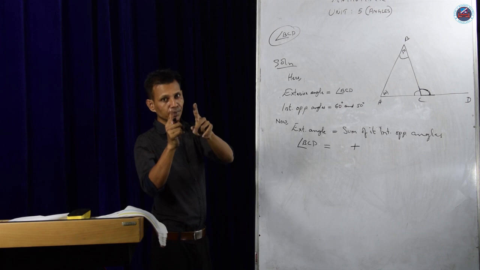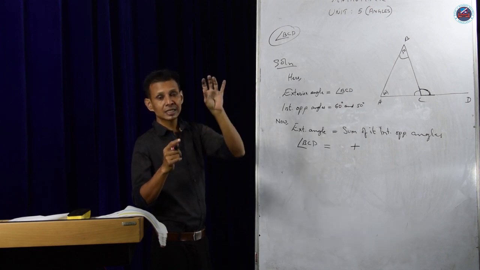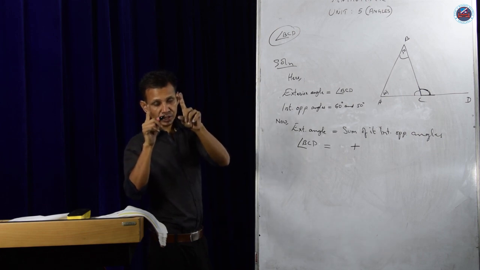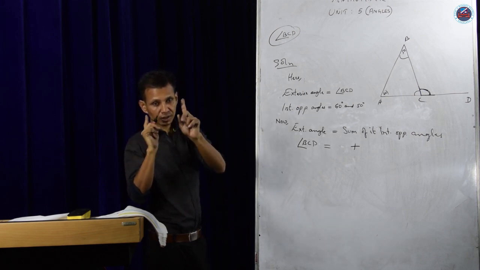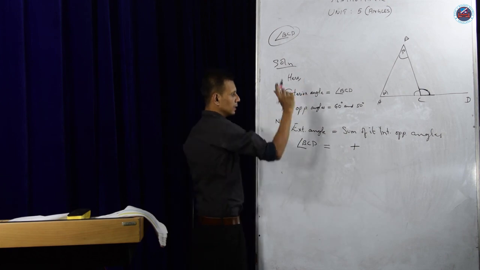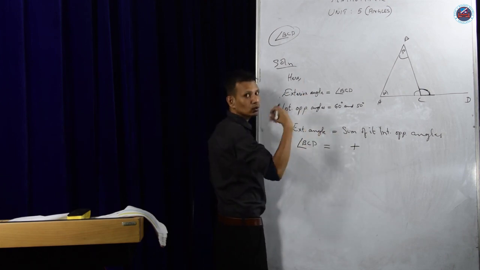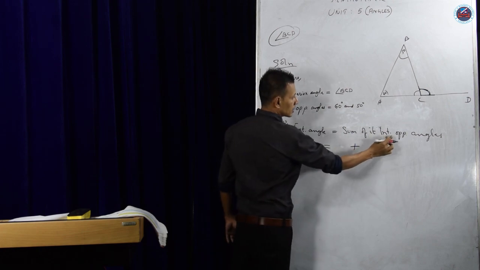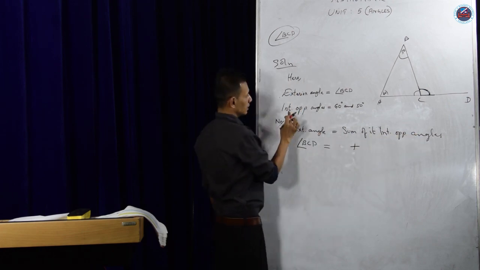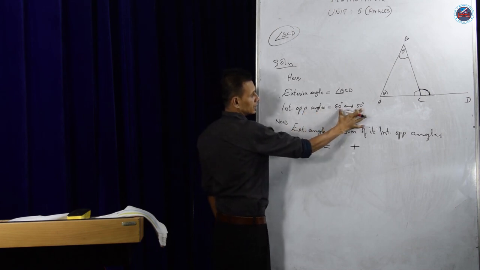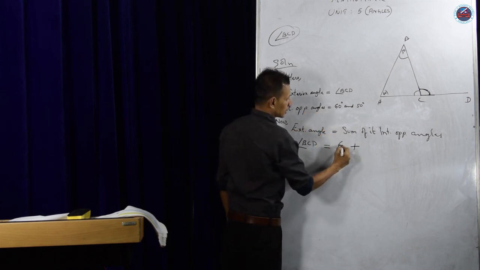But when you add up and get the answer, that is called sum. So when you see sum in the question, they are talking about addition. Sum, that means I have to add. I have to add what? It's 2 interior opposite angles, 50 and 60.